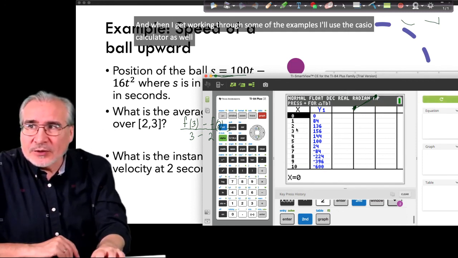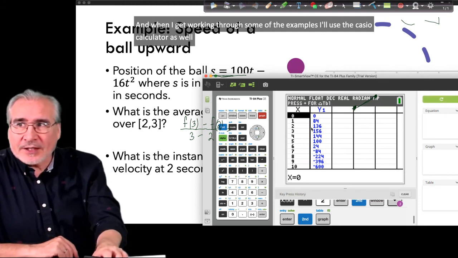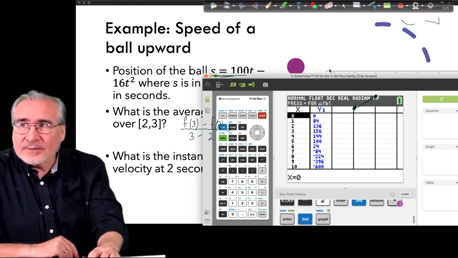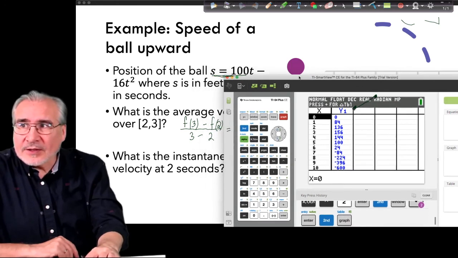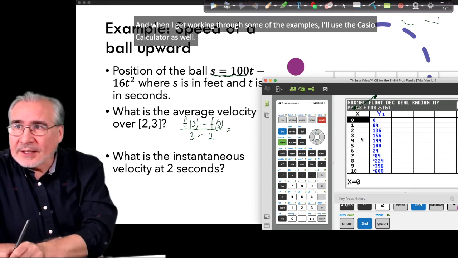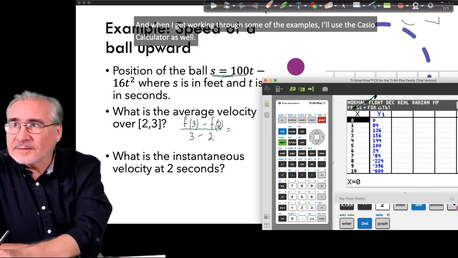Okay, so after 2 seconds, we're at 136. So that's the y value. And 3 seconds is 156. So I'm going to move this off a little bit so I can write in my values. So f of 3 is 156.